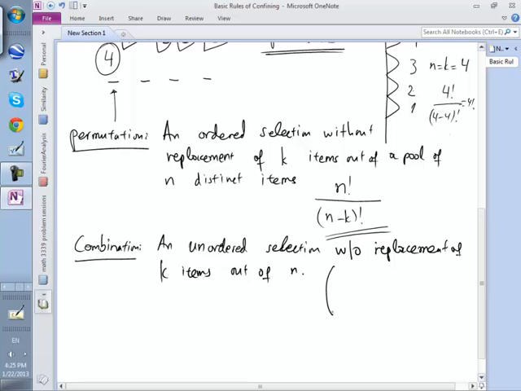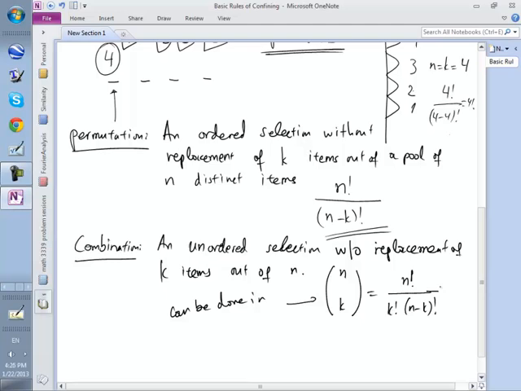When we do this, we have n choose k choices. This can be done in n choose k ways, which is n factorial divided by k factorial times n minus k factorial. So the difference between combinations and permutations is that permutations are ordered, combinations are not ordered.